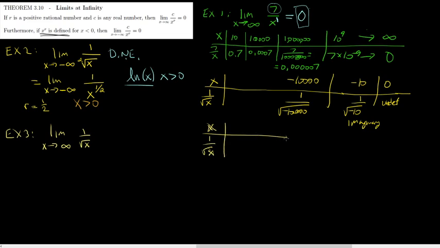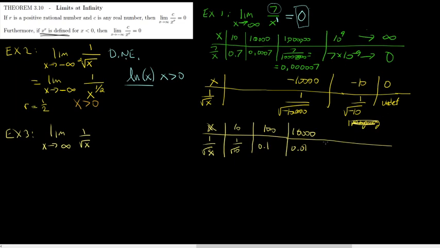So a very similar table here, but now we're going to be using positive numbers like 10, right? So 1 over the square root of 10, I don't know, it's something like 0.2 or 0.3, but not very small, right? If we plug in 100, the square root of 100 is 10, so you just get 1 over 10, 0.1. If you plug in 10,000, you get 0.01.